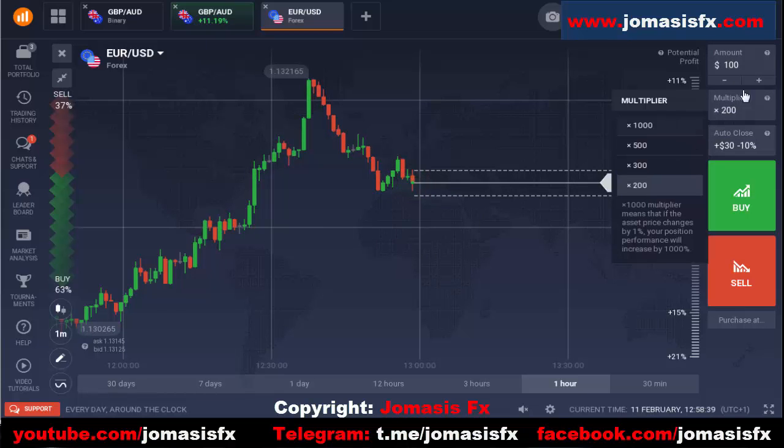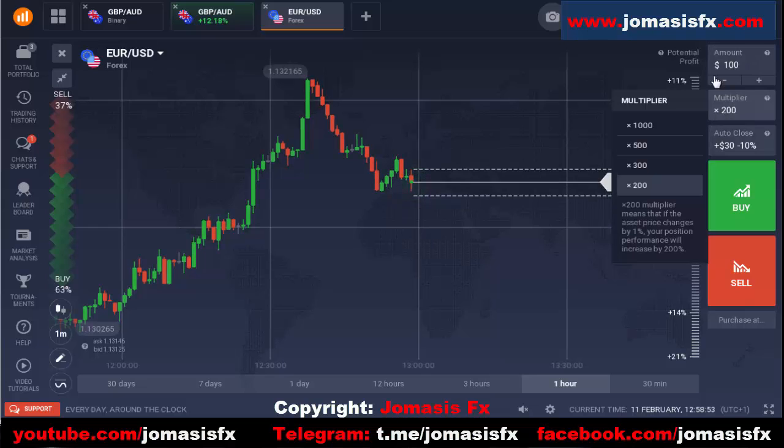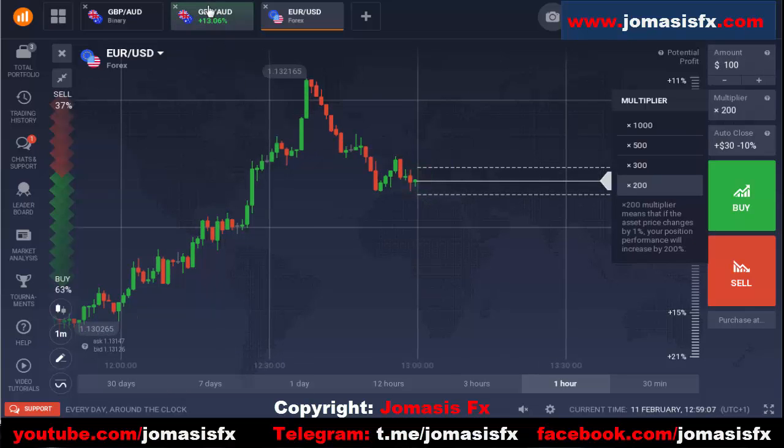Now you are telling your trading platform, let's say I'm using IQ Options, that the money I have here is $200, but please, I want you to lend me 100 times of my money so that I can trade in the forex market. What they do is they give you access to 200 times of your money. Then you place your trade.